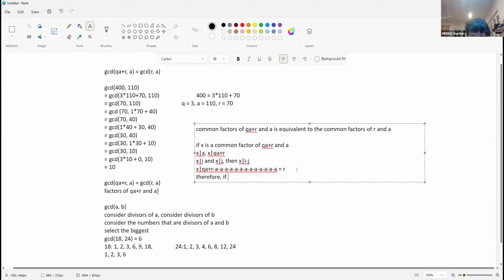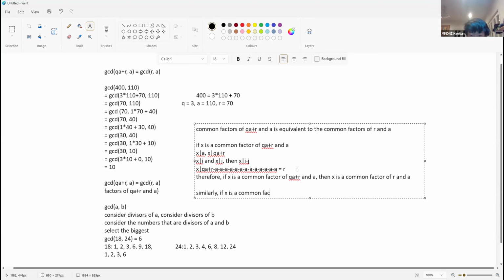Therefore, if X is a common factor of QA plus R and A, then X is a common factor of R and A. Similarly, we can also prove that if X is a common factor of R and A, then X is a common factor of QA plus R and A.